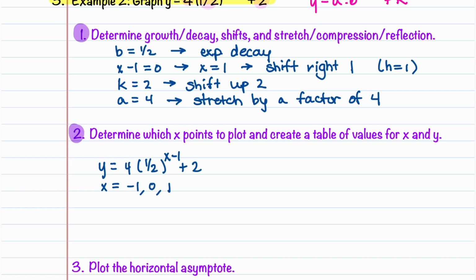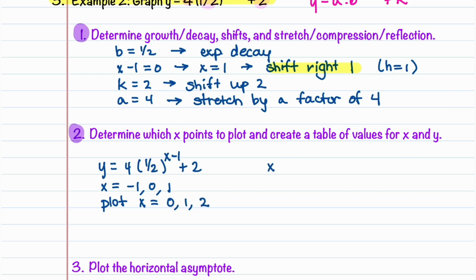Now we have to take into account our horizontal shift. We are shifting to the right 1. Let me go up here and highlight this. We're shifting to the right 1. So we're going to add 1 to all of our x values. So now we're going to plot x is equal to 0, 1, and 2.